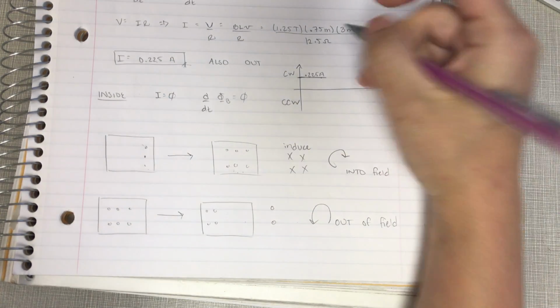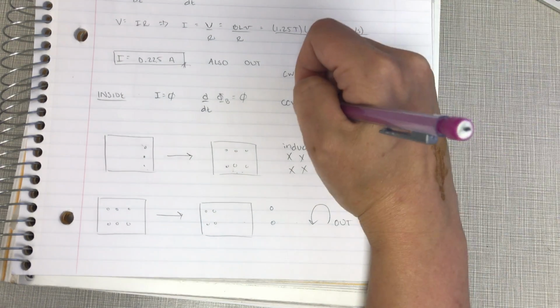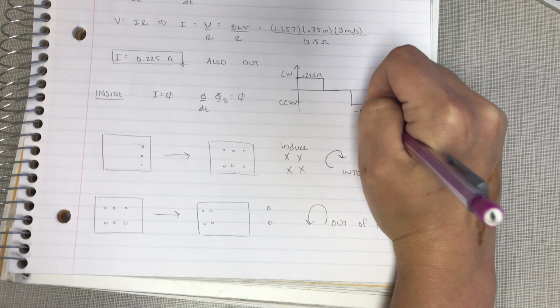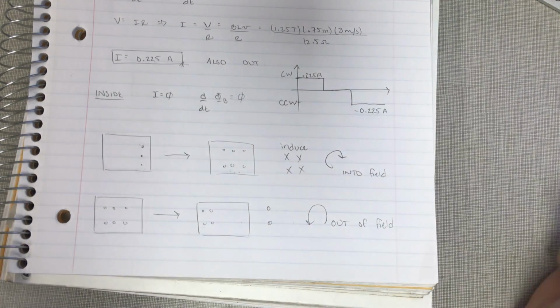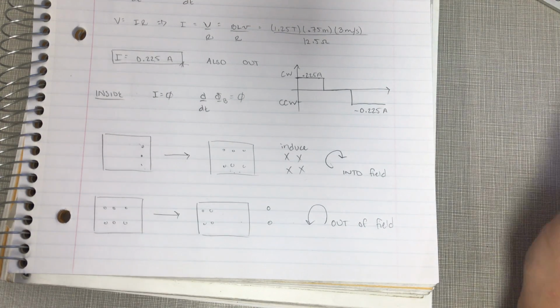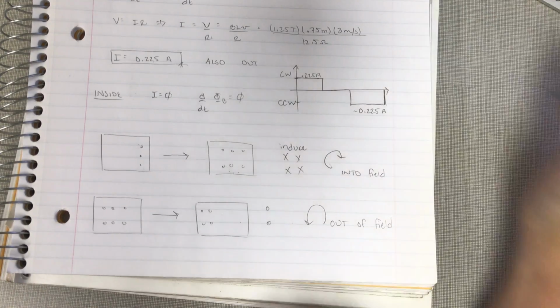Once I'm fully inside the field, my current is 0. And then as I'm leaving the field, my current is 0.225 amps in the other direction. And then once it's fully out of the field, it goes back to 0.